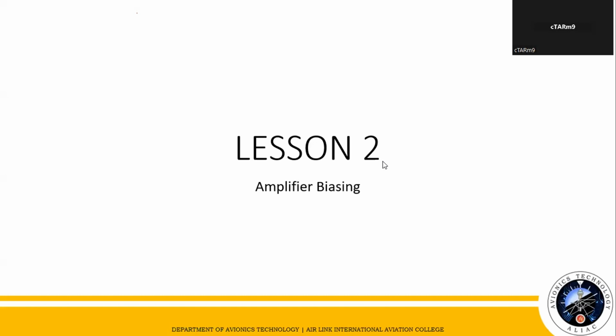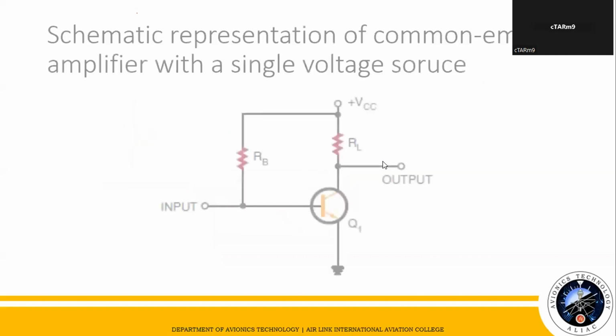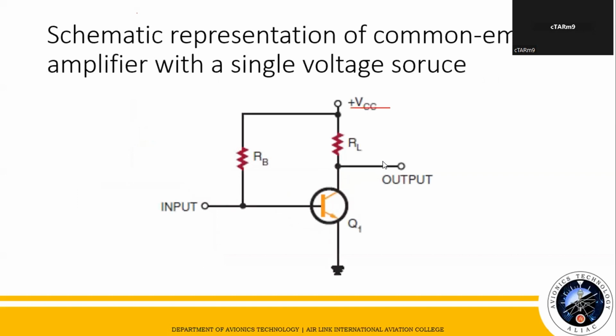The same principles apply to the common base and the common collector circuit. The common emitter amplifier uses a single voltage source, VCC. Here is the schematic diagram. The voltage source is identified as VCC, and the ground symbol is the negative side of the voltage source.